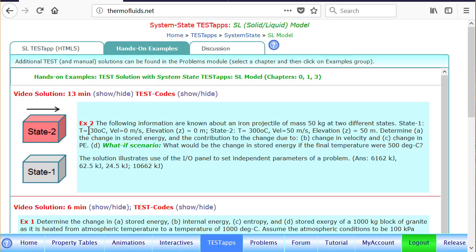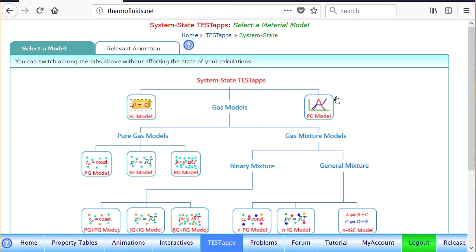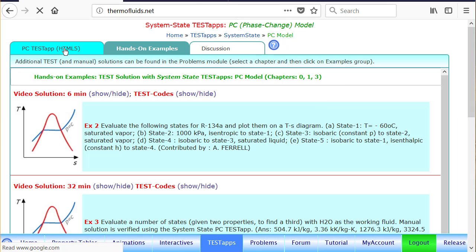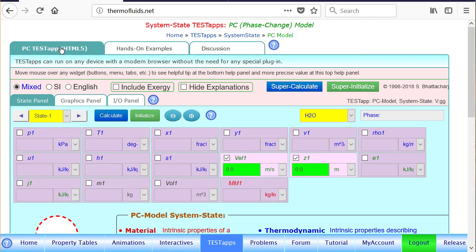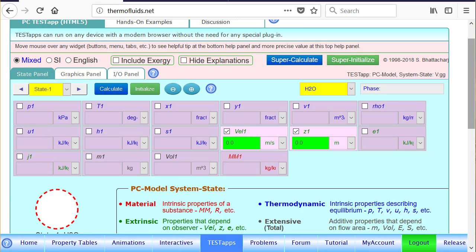In that 13-minute video, I have gone over the rudiments of how to calculate a state. It doesn't matter what model we use. In this case, we're going to use the PC model. The look and feel are exactly identical. You'll see the same kind of layout in every different model. Okay, having said that, let's begin.